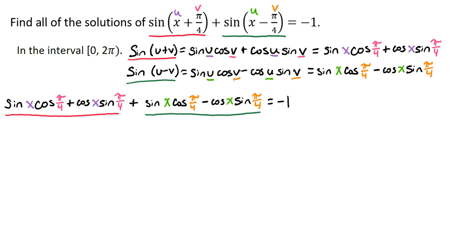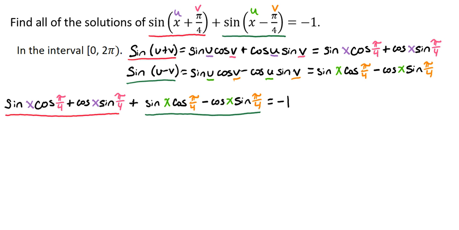So now we have the sine of x times the cosine of pi over 4 plus the cosine of x times the sine of pi over 4 plus the sine of x times the cosine of pi over 4 minus the cosine of x times the sine of pi over 4 equals negative 1. And so now we can simplify.